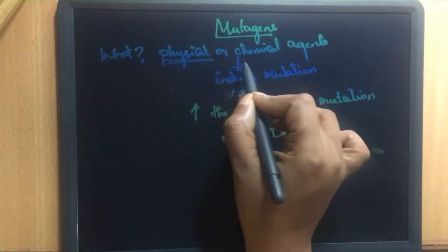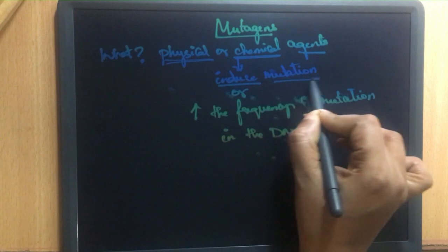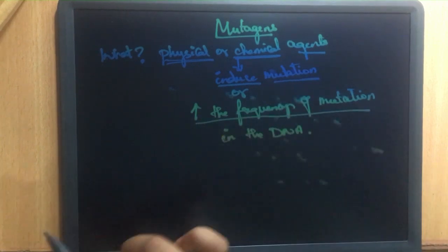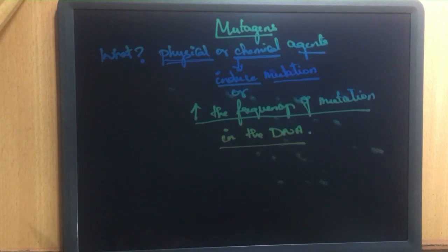So these are the physical or the chemical agents that have the ability to induce mutation or increase the frequency of the mutation in the DNA. Such agents are called the mutagens.